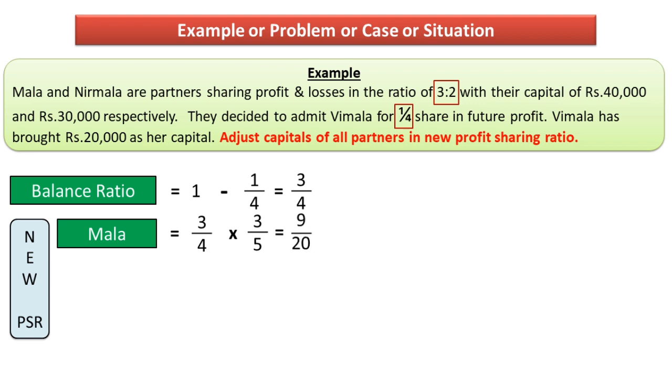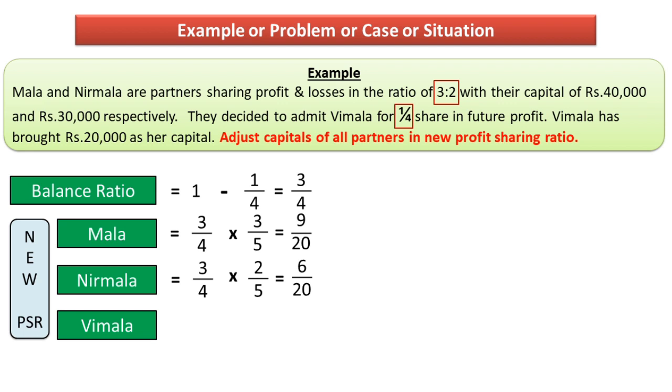The new profit sharing ratio of Nirmala, again the formula is same, balance ratio multiplied by old profit sharing ratio, which is 2/5. So answer is 6/20. Now we need to calculate the new profit sharing ratio of Vimala, whose share in a future profit is 1/4.